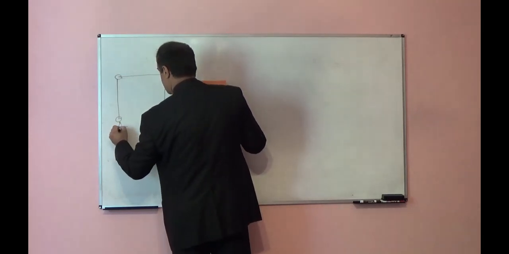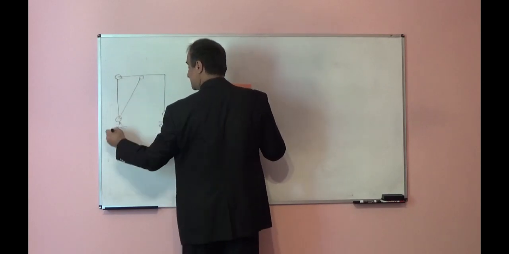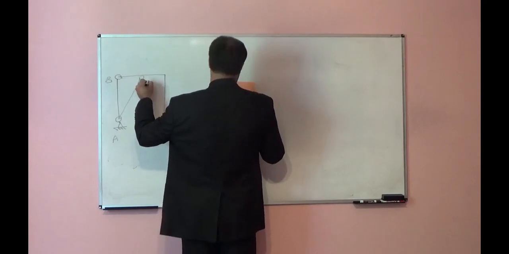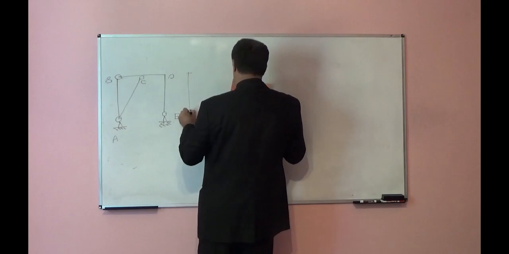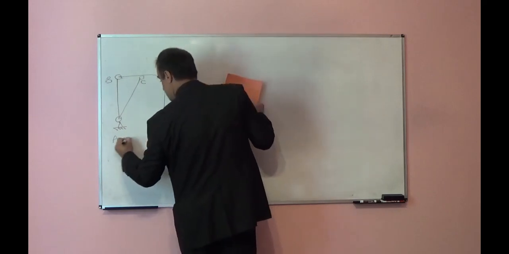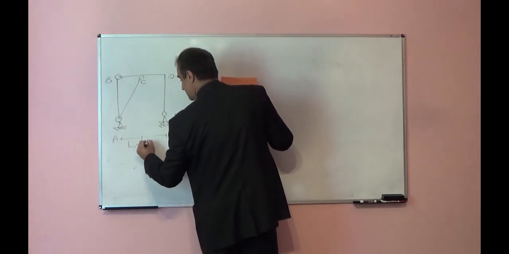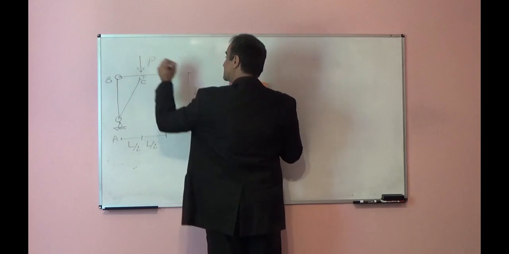This is a pin support. We have members here, A, B, C, D, E. This length is L. From here to here, totally it is L. At each side it is L over 2. We have a concentrated load here.